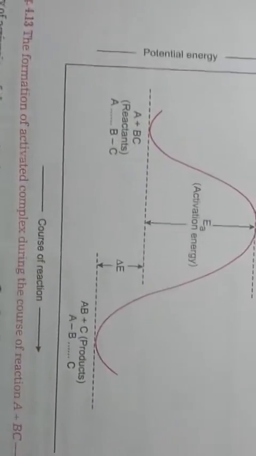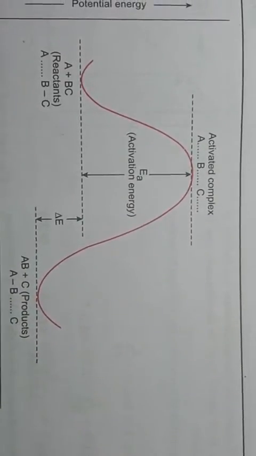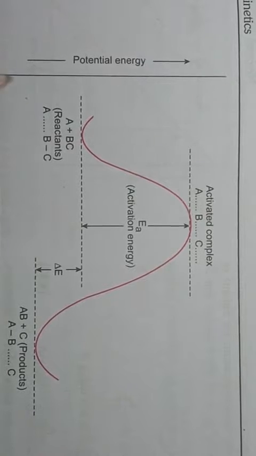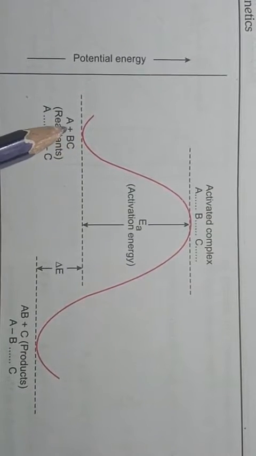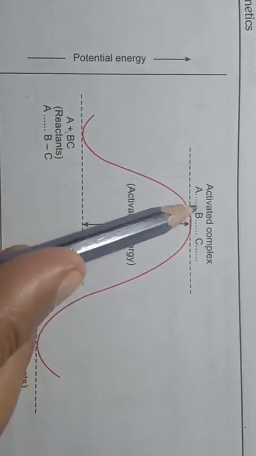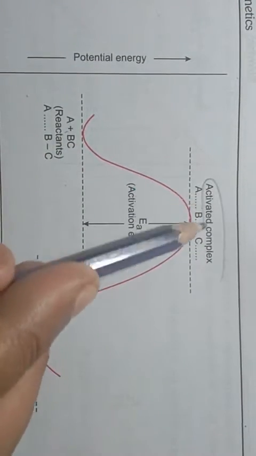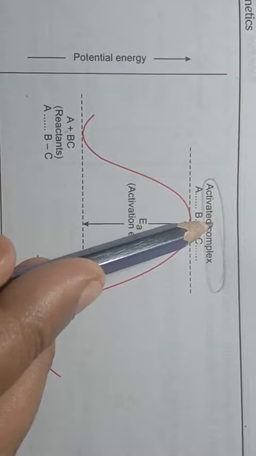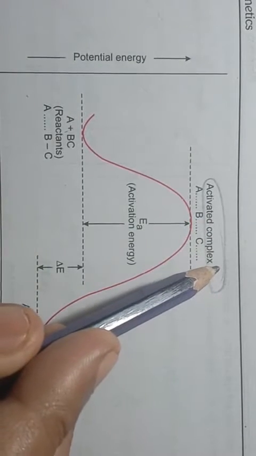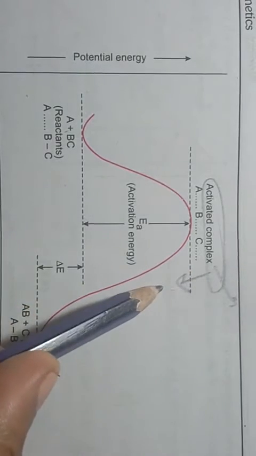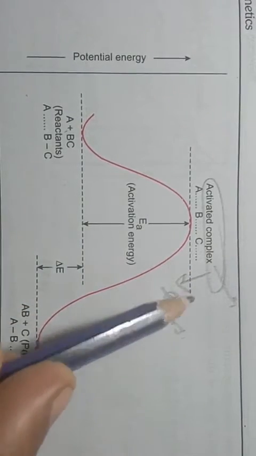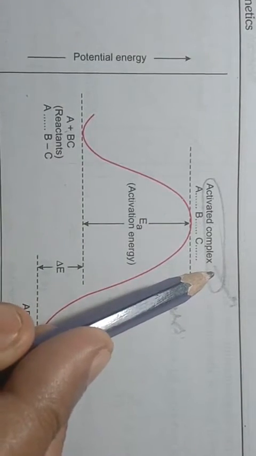So this we can represent with the help of this graph. Here these are the reactants. These reactants are forming an intermediate activated complex with high amount of energy, and that is why less stable, because energy of this activated complex is high.